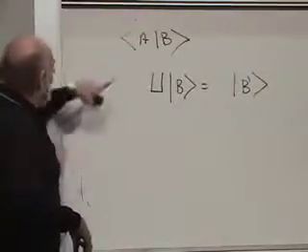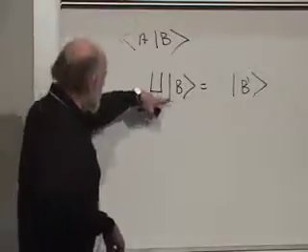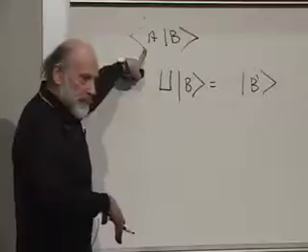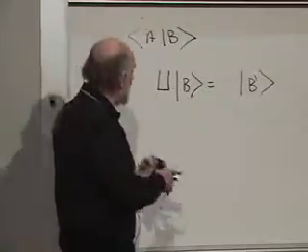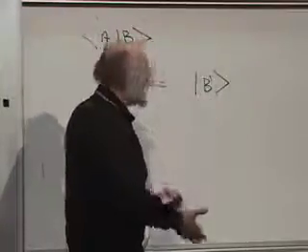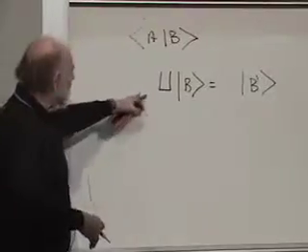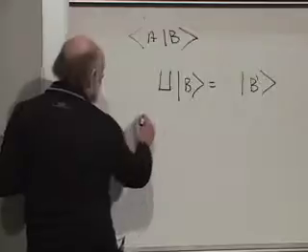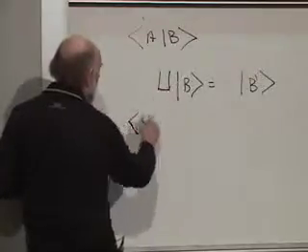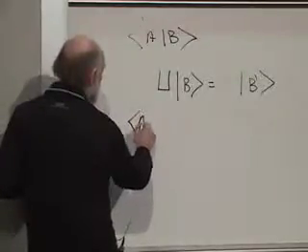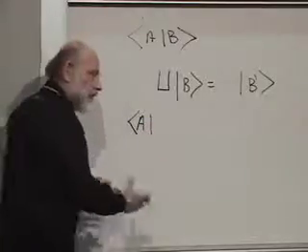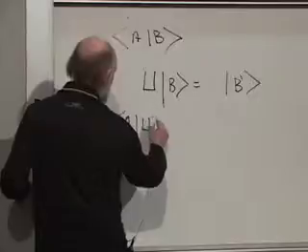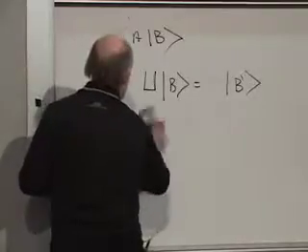All right. Now, the same operation has an image among the bra vectors. Remember, if an operation takes place among the ket vectors, the image of it involves the Hermitian conjugate. So the same operation, when interpreted in terms of bra vectors, will involve U dagger.